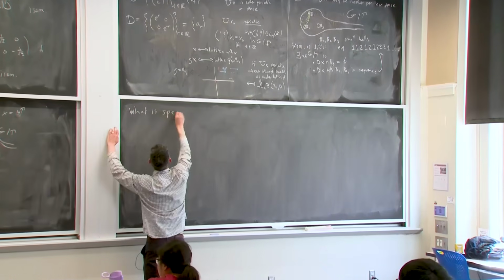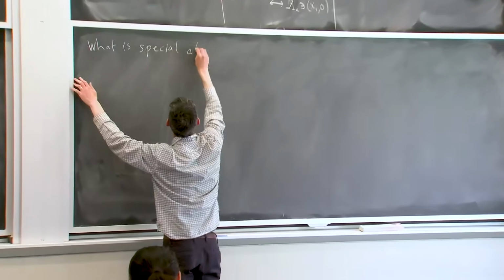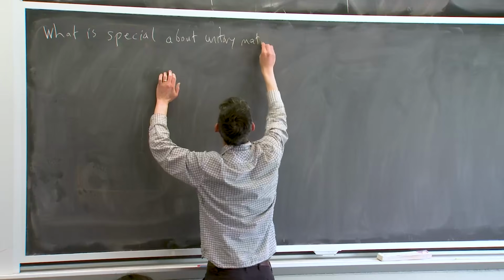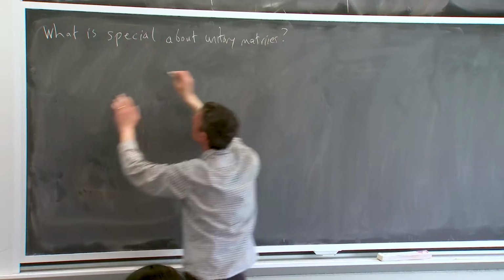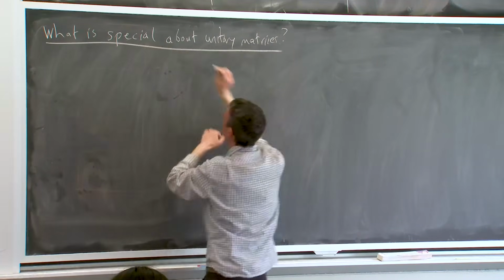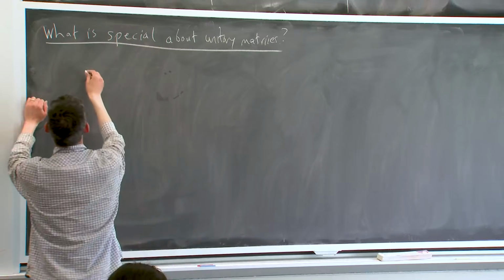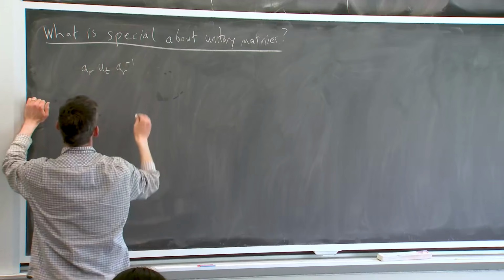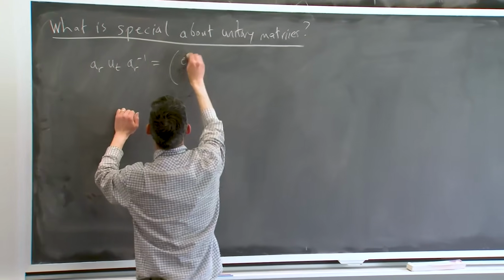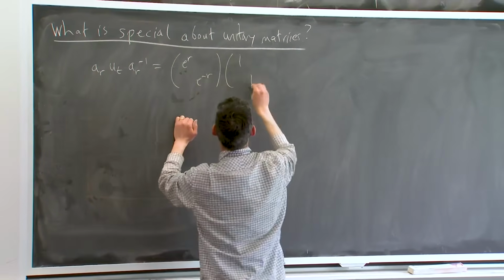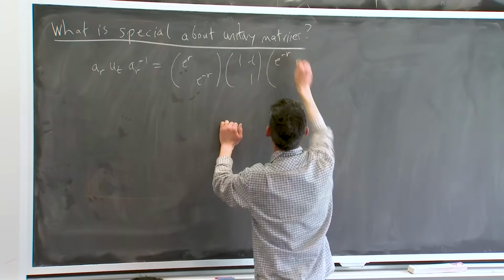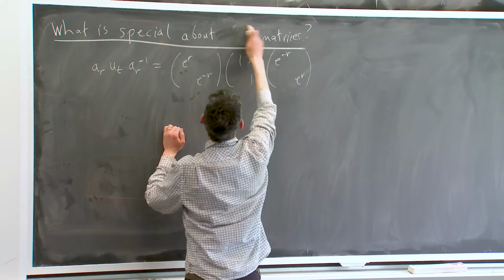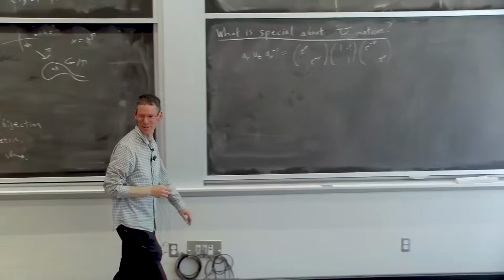What is special about unipotent matrices? Okay, so there's a computation that if I take a unipotent matrix and I conjugate it by a diagonal matrix, so I have e to the r, e to the minus r, unipotent, yes, thank you, unipotent.